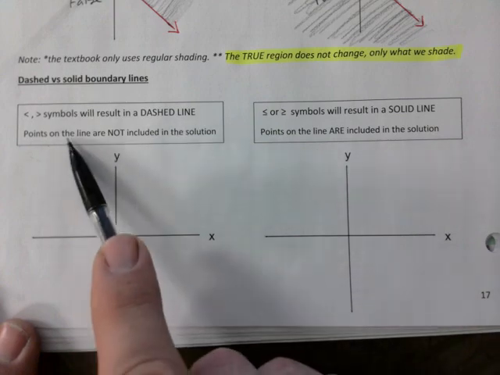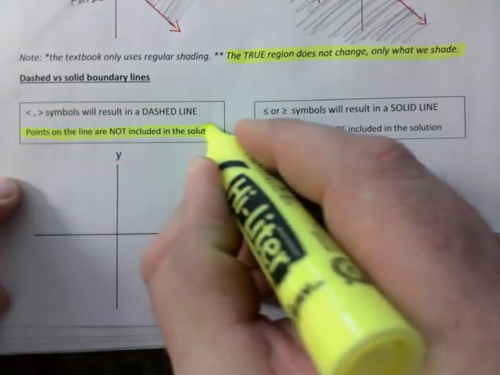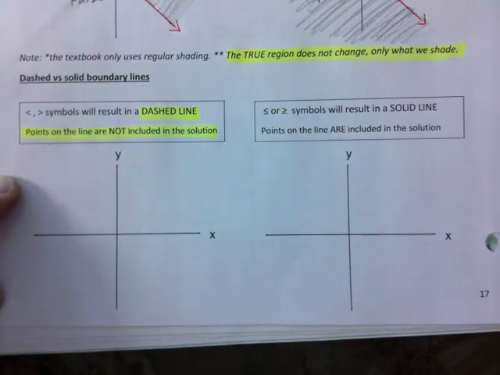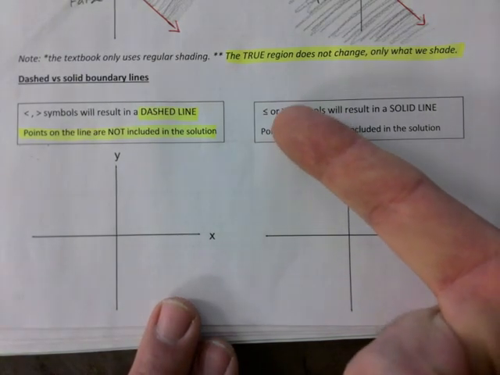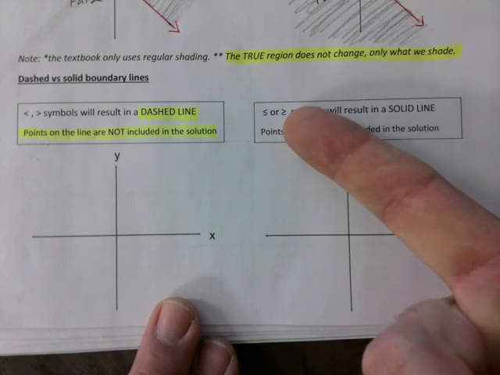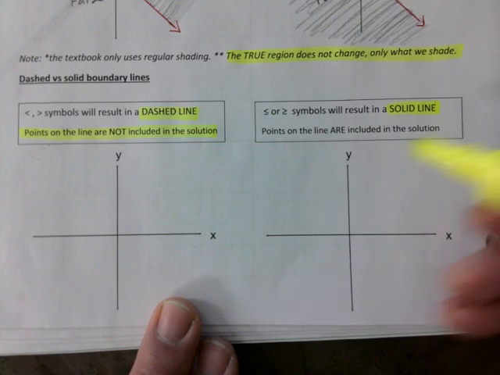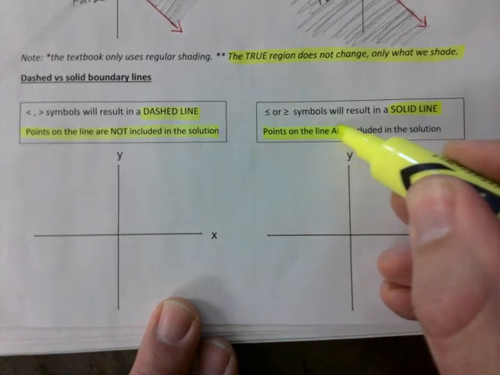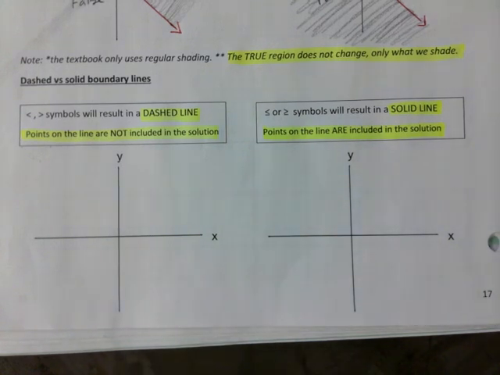Points on the line are not included when it's a dashed line. If you have less than or equal to, greater than or equal to, that's a solid line. It tells you that the points on the boundary line are also included, not just the area above or below, but also the line itself.